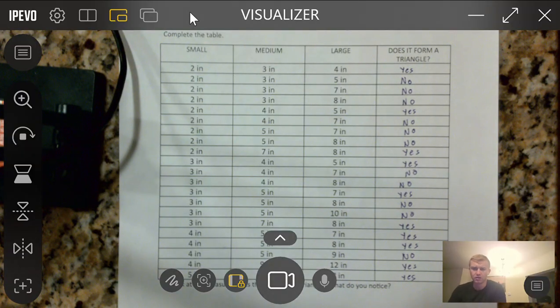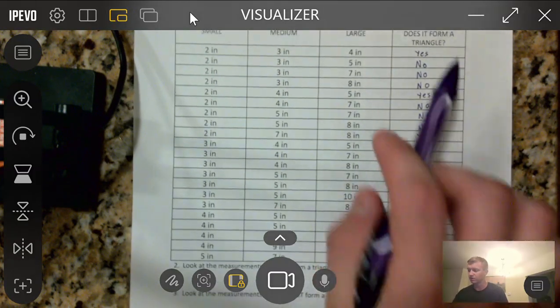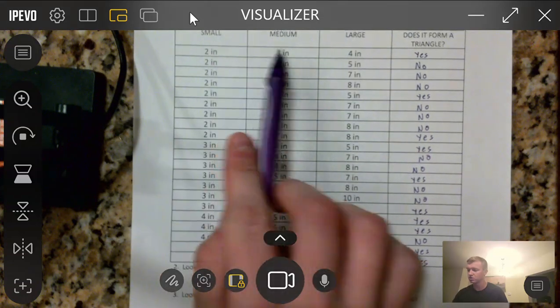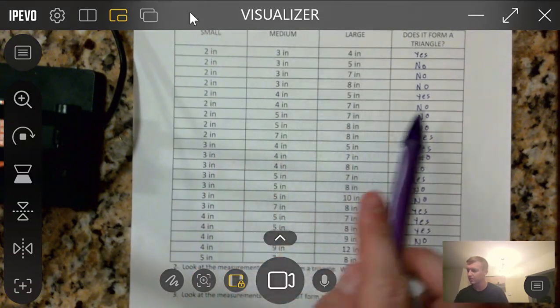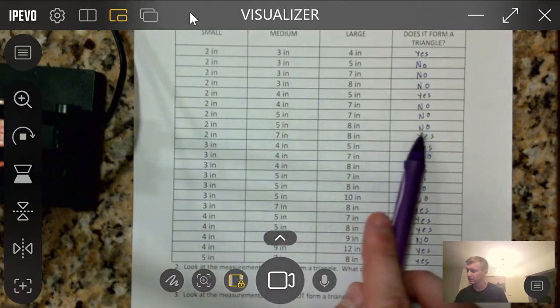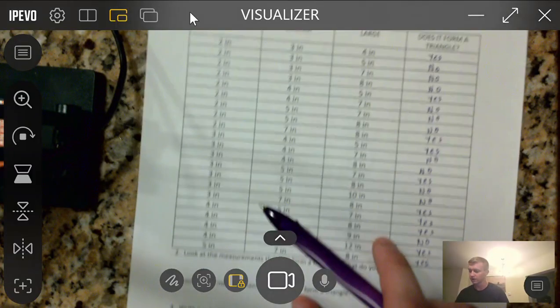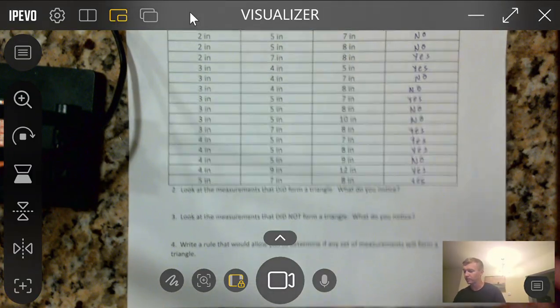The overall goal is to get the pattern, and hopefully you start to see it. If I'm looking at all my yeses, I'm looking at 2, 3, and 4, then the values for 2, 4, and 5, and then 2, 7, and 8. It says look at the measurements. What did you notice?